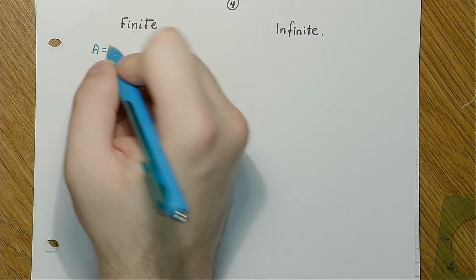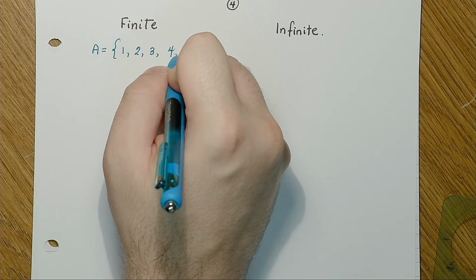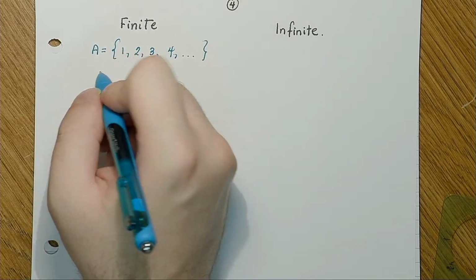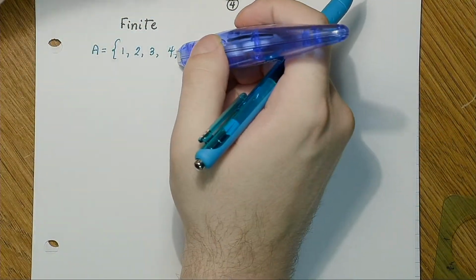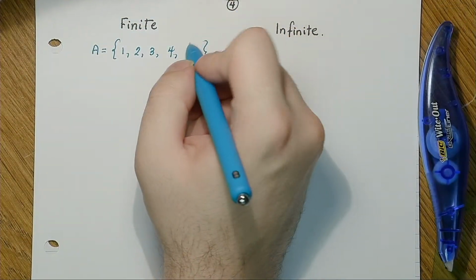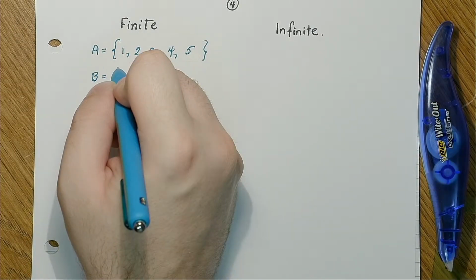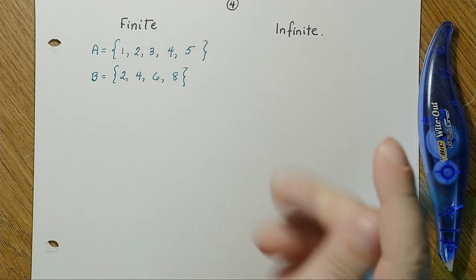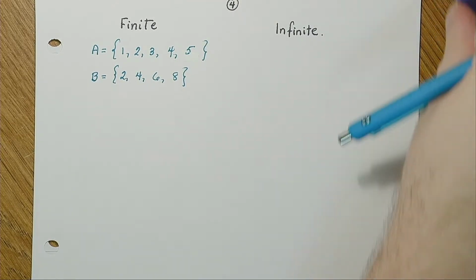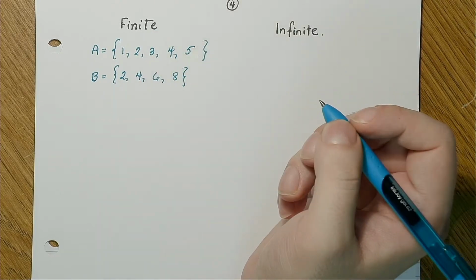So I could say A is equal to 1, 2, 3, 4, oh, no, sorry, we'll do 5. There. We'll do B. You can pick out 2, 4, 6, 8. What this does is it lists all the elements.